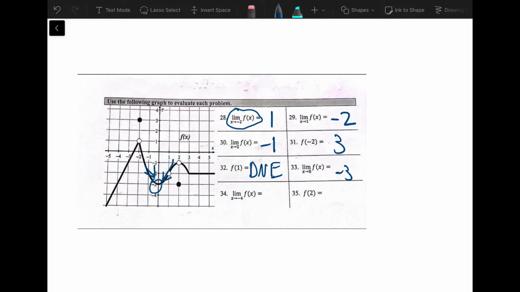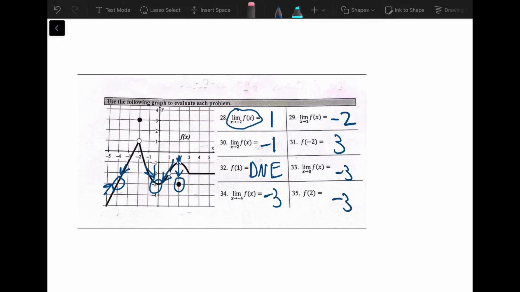As x approaches -4, f of x, so coming up here and coming down here, what is this point here? -3. And f of 2, find f of 2. This first one is a hole, but further down, that's your f of 2, -3.